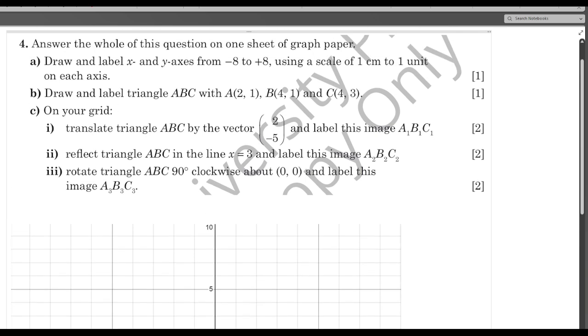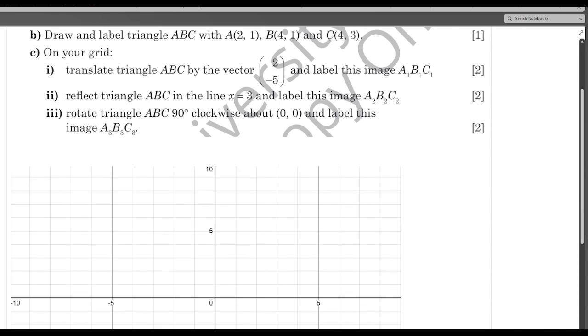Okay, now draw and label the triangle ABC. Now a coordinate of point A is given. So coordinate of point A is 2 comma 1, so 2 comma 1 will be a point here.